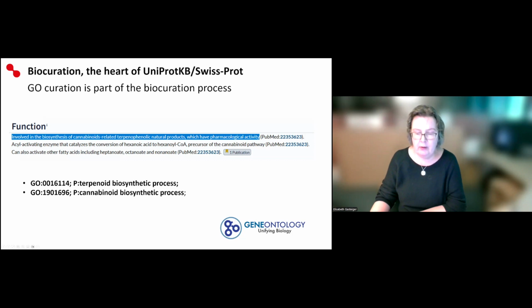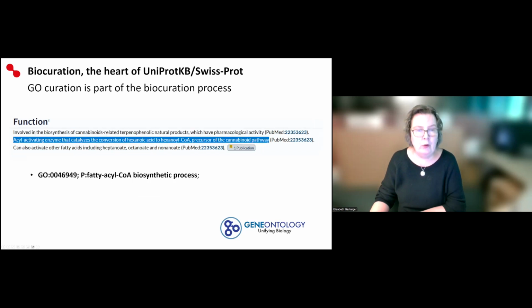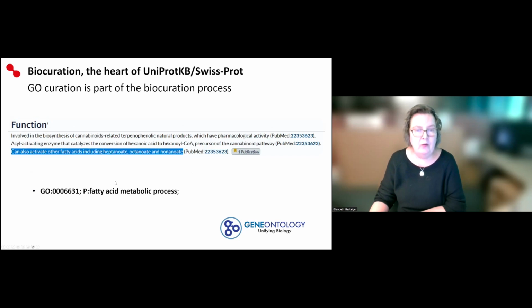At the same time, they further abstract this function by assigning gene ontology terms corresponding to the different aspects of the function. The first sentence marked here is, for example, mapped to 2 GO terms related to 2 different biosynthetic processes. If we move on to the second sentence, another biosynthetic process can be identified, which has an associated GO term, and the same for the third sentence.